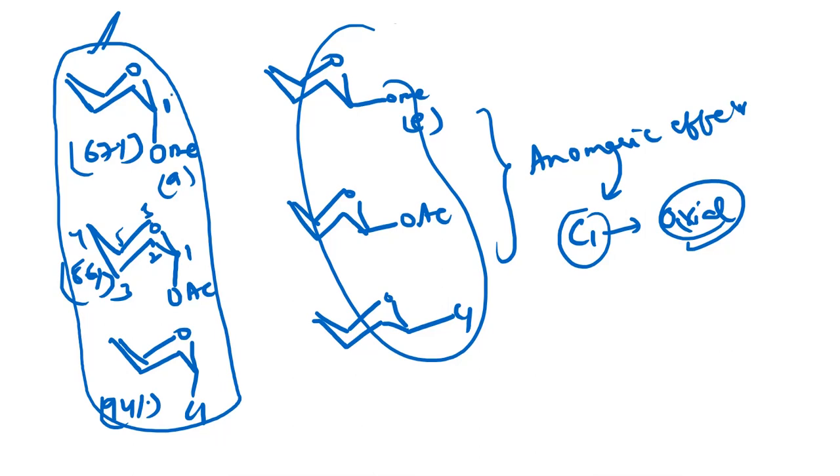At the C1 carbon, in the anomeric effect, the group with the more electronegative atom should exist in axial position. What is the reason here? The lone pair of electrons on the ring oxygen moves here, and the bond cleaves here.